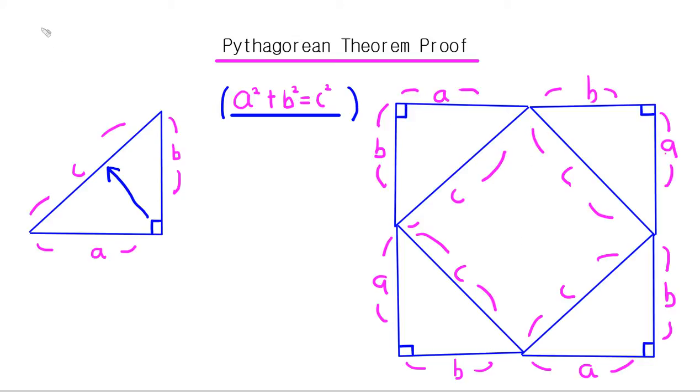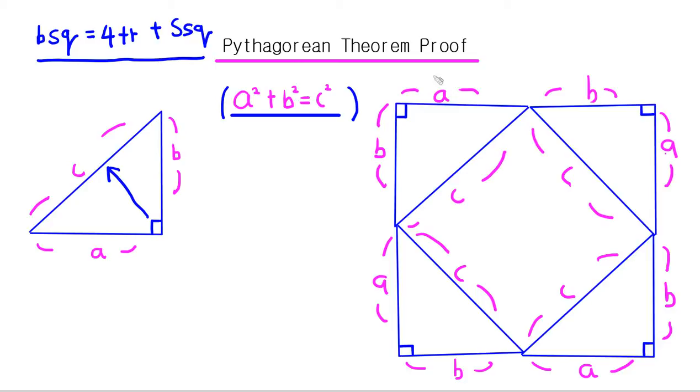So I'll write down the big square right over here. That area is equal to 4 triangles plus the small square. What is the area of the big square?